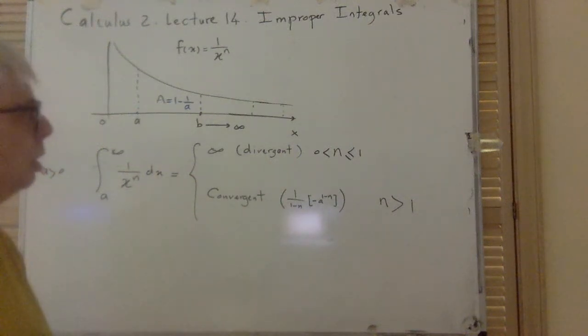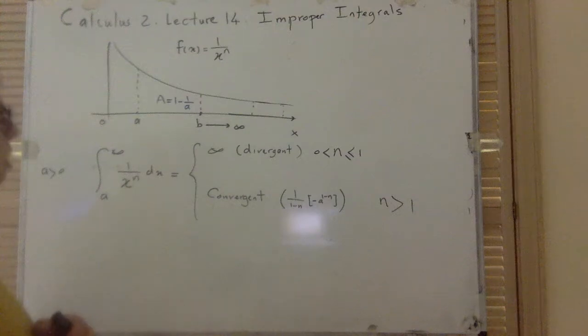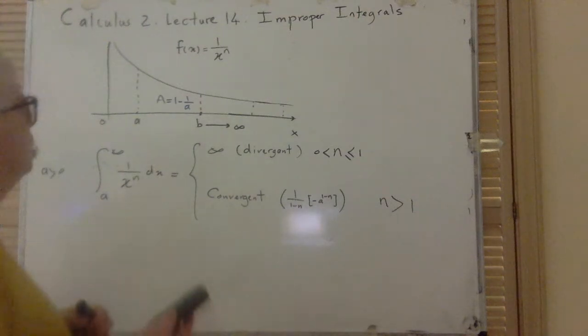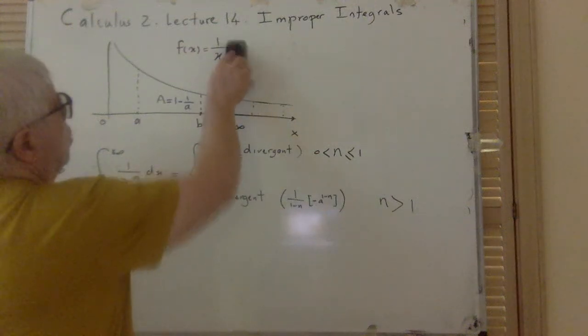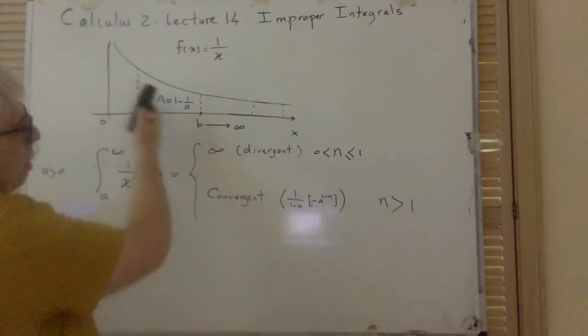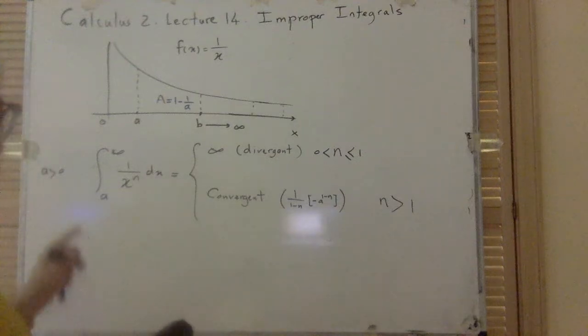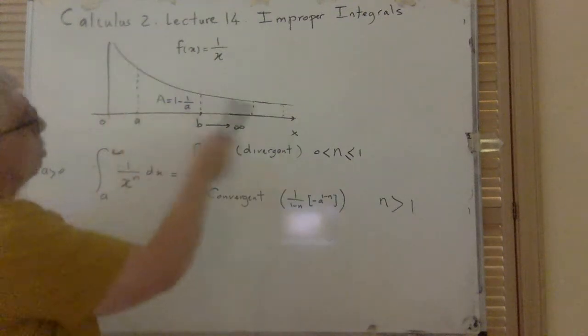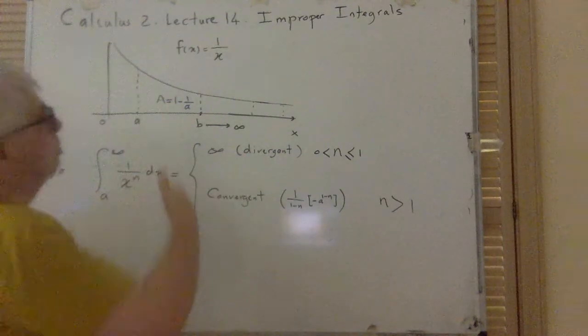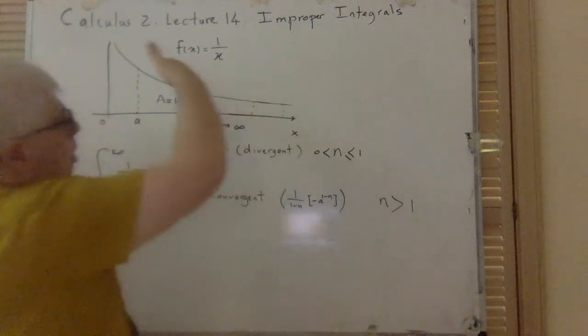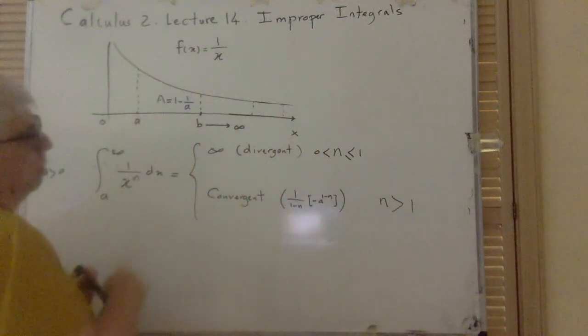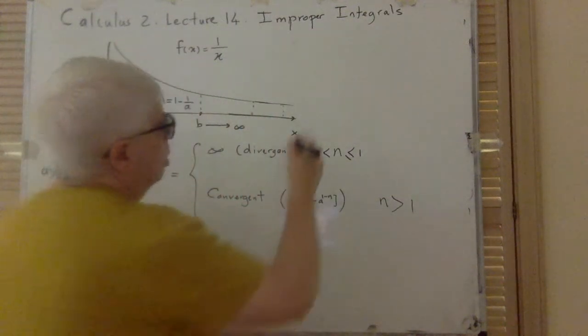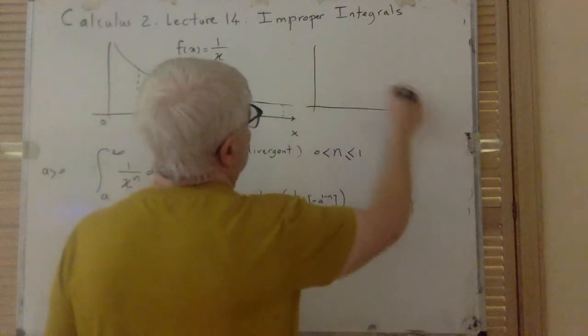Okay, so we have this general form, which means what? Which means, for example, for 1 over x to the n, no matter what n is, if n is bigger than 0, I will get something like this. So for all of them, we have this shape. Let's draw a picture here.